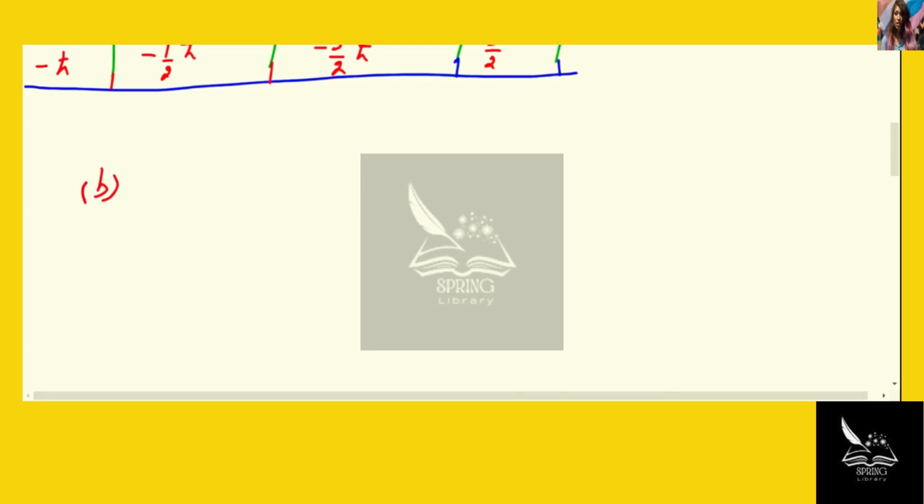So for j equal to half, we have two values of the quantum number. These are plus half and minus half.